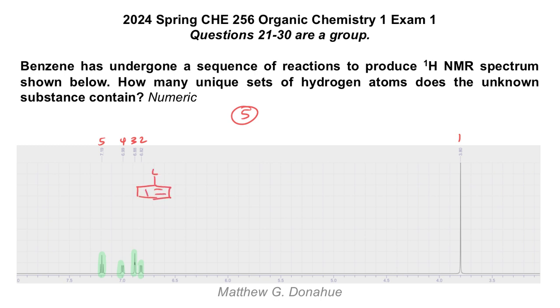And even though we're jumping the gun a little bit, we said that E1 has to be either ortho to E2, or meta to E2. And so now you can get an idea of really how the reaction occurred, because if you assign the multiplicities, for ortho this will be a doublet, a triplet, triplet, or doublet.